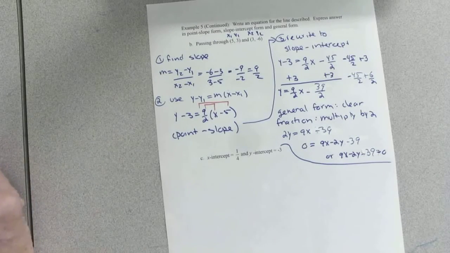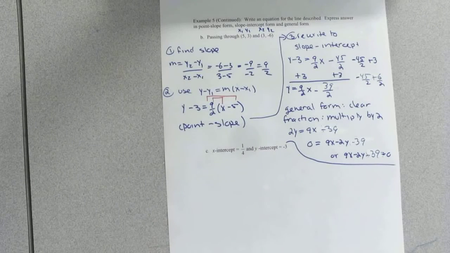Okay, one more time. X-intercept and y-intercept. X-intercept 1/4, y-intercept -3.